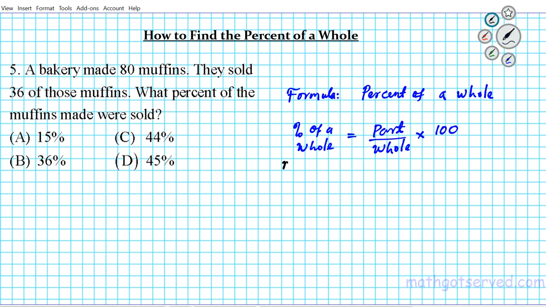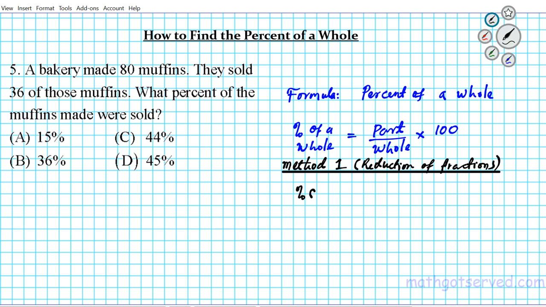So method one, we're not going to use long division. We just use reduction of fractions. So in this particular case, let's adapt this formula to the particular scenario that we are dealing with right here. What we're looking for is percent of muffins sold.